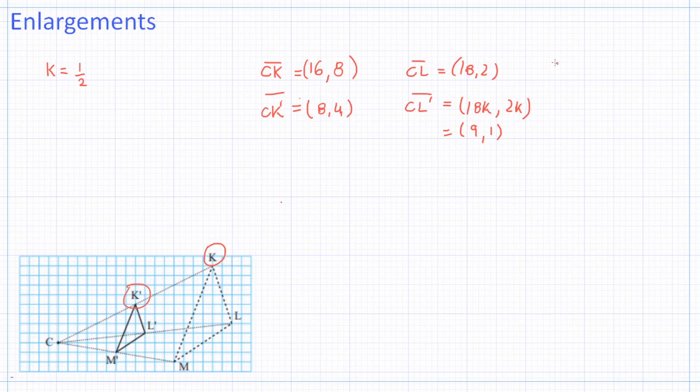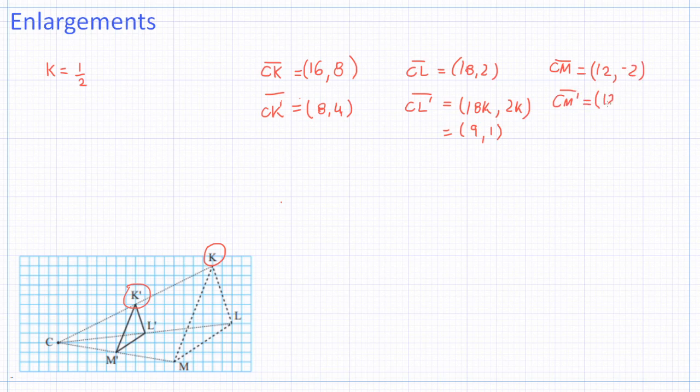Now, what about M? You can always pause and try it yourself. If we compare M to the position of C, M is 4, 8, 12 to the right of C, and it's 2 down. So what would be CM prime?